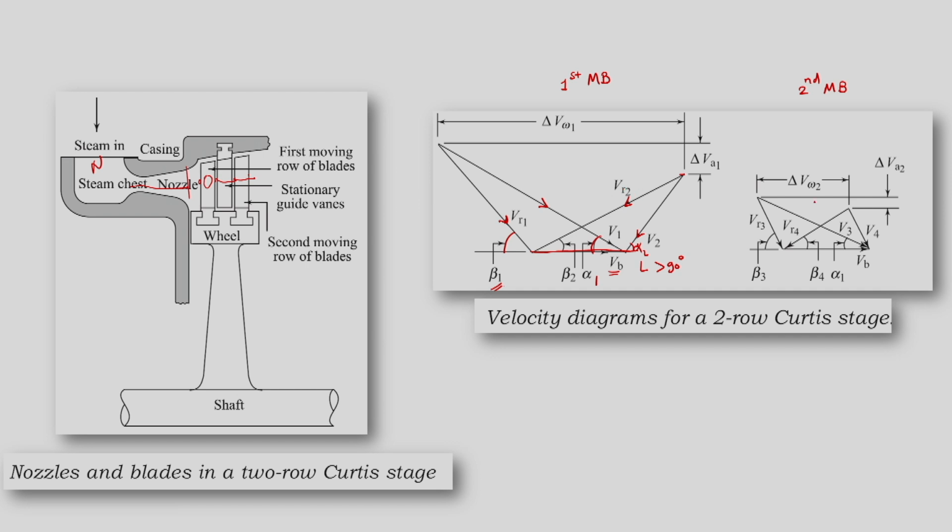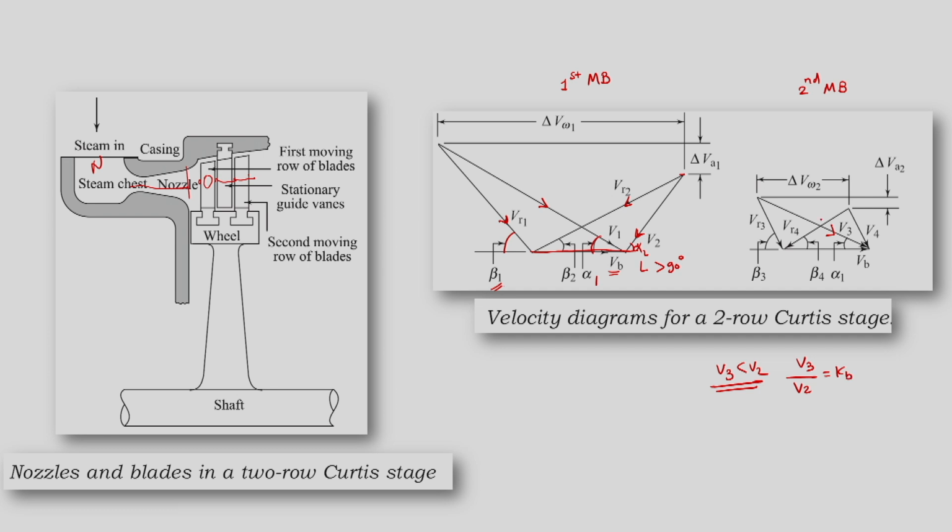Now, for the second stage of moving blades, this same V2 will be here as V3. If there is frictional loss while the flow takes place on the stationary blades or guide vanes, then V3 will be less than V2, and we can say that V3 upon V2 is equal to Kb, which is a friction factor.